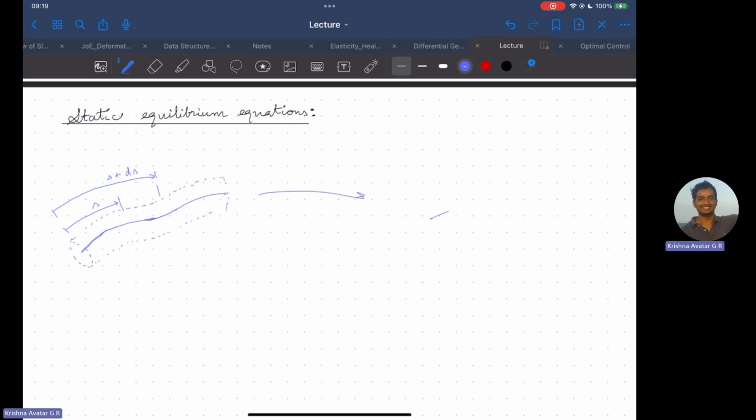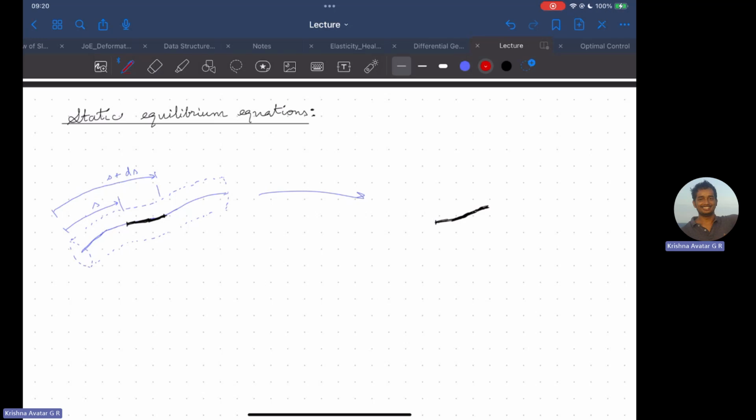So I should just mark this portion as black. We're looking at that portion only. So the length of this is ds.